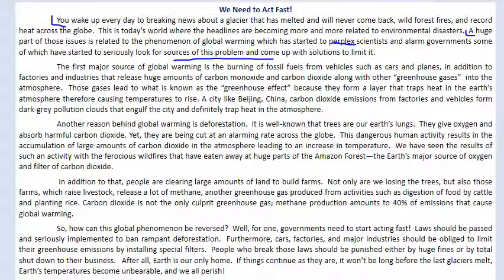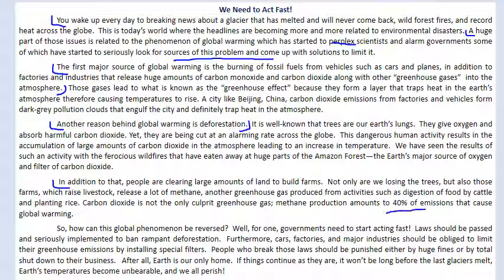So in my body paragraphs, I'm gonna give the topic sentence, of course, major source of global warming and its effect, another reason behind global warming, deforestation. In addition, again, notice the first major, another reason, in addition to that, okay? Those are the sorts of transitions you would use when you are giving more than one cause, or more than one effect, or more than one advantage, okay?